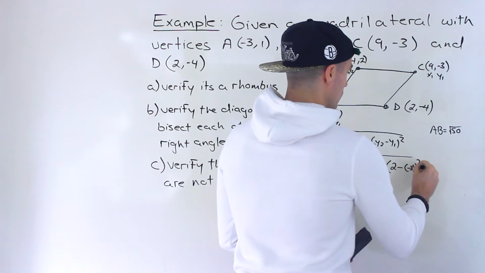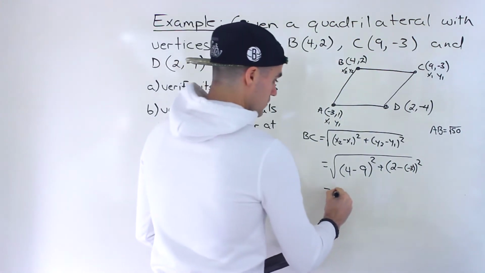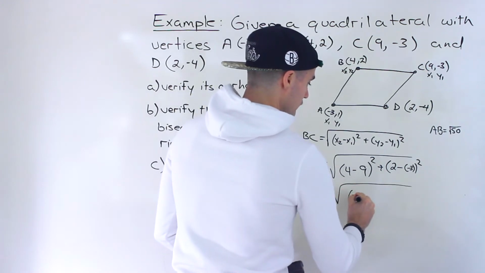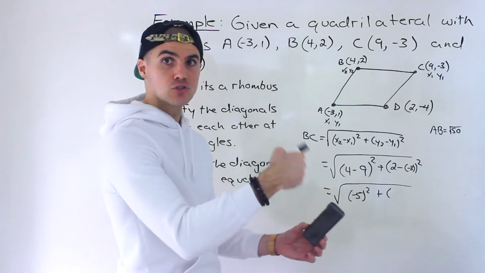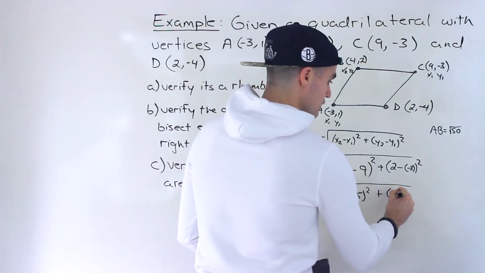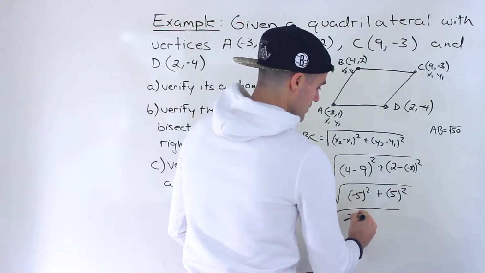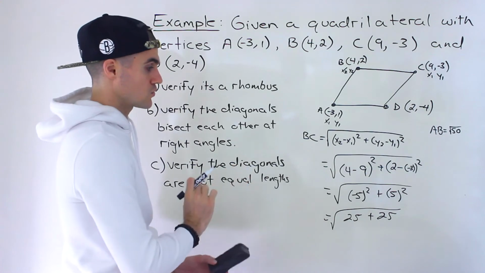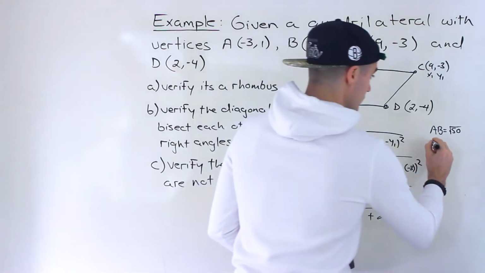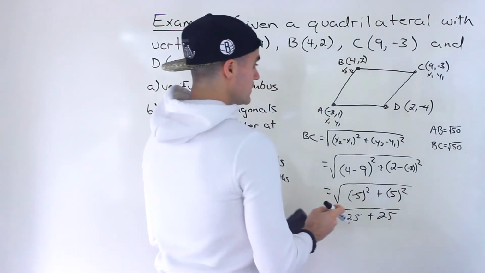So just be careful, again, with your brackets there. So over here, we'd end up with -5 to the power of 2 plus 2 minus -3 is like 2 plus 3, which would give us +5. And then notice we end up with 25 plus 25, which gives us that 50 under the square root. Okay, so the length of BC is also root 50.